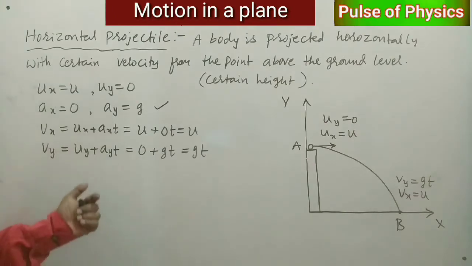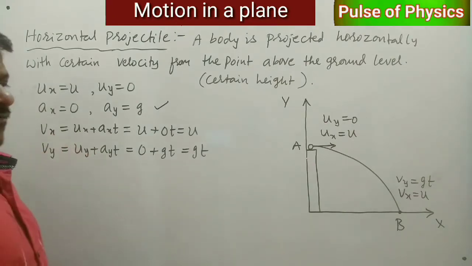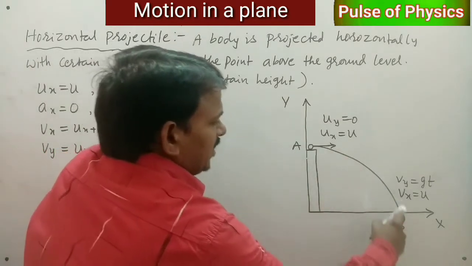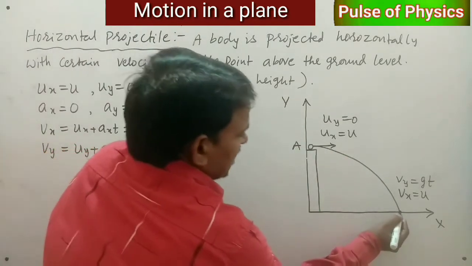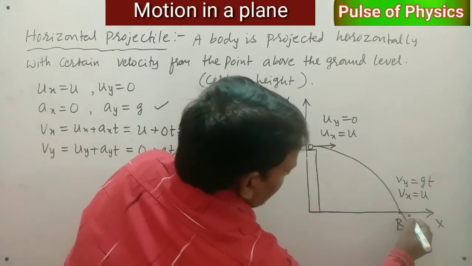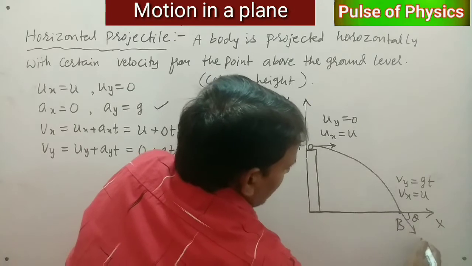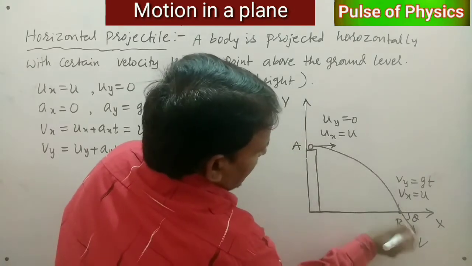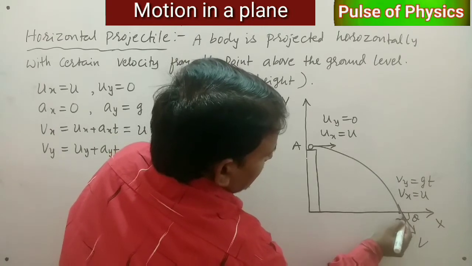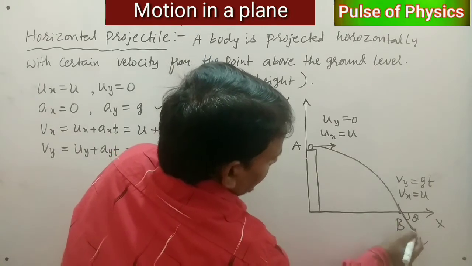Next, x and y. What is x and y? From the point A to B it traveled. It strikes the ground with velocity v. Now here velocity makes some angle theta with horizontal. Here if I draw tangent in this case, then we get this direction of the v.